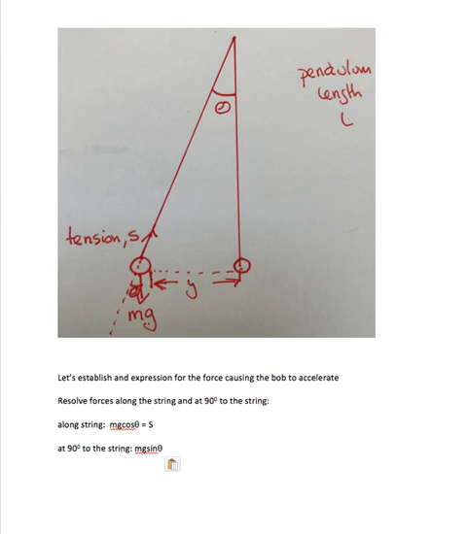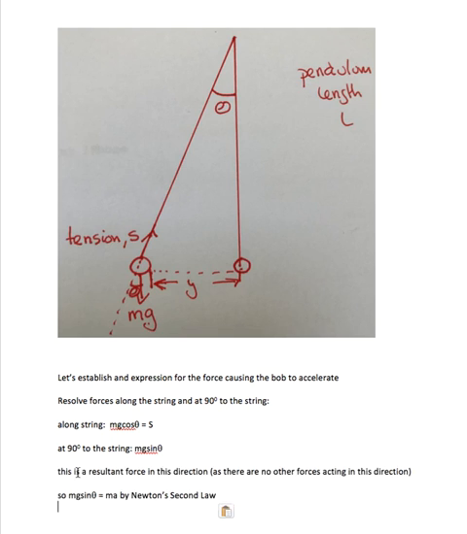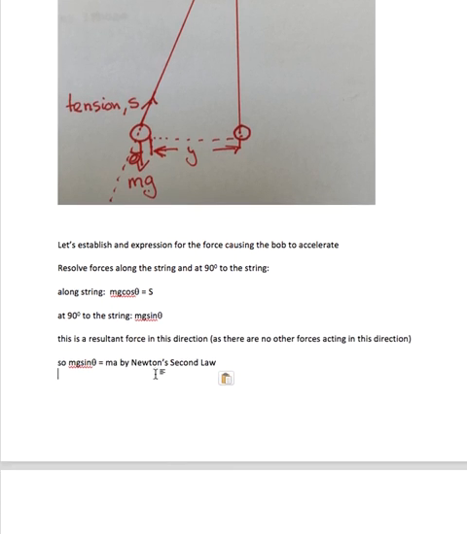So this is the resultant force in that direction at right angles to the string. And by Newton's second law, then, mg sine theta equals ma. So we're getting somewhere now. We have the force which causes the acceleration. So clearly g sine theta equals a.